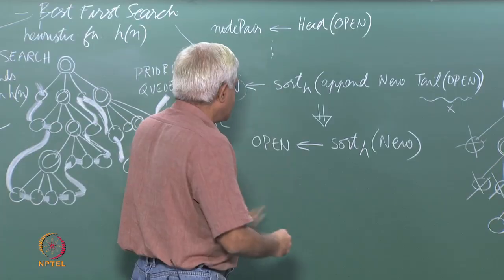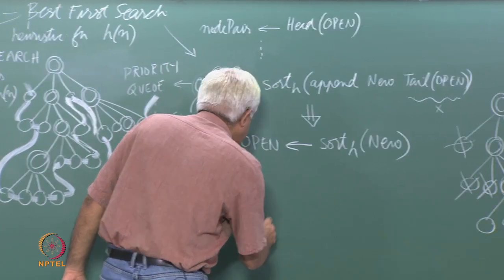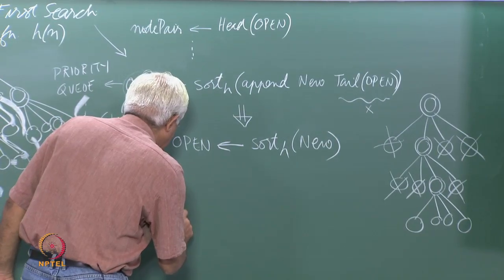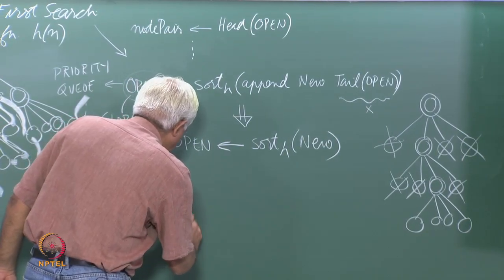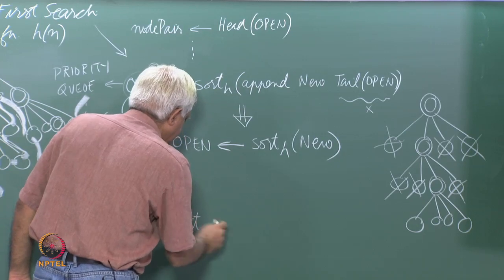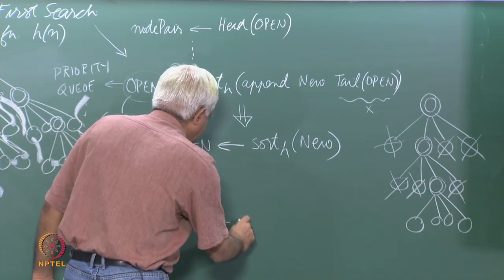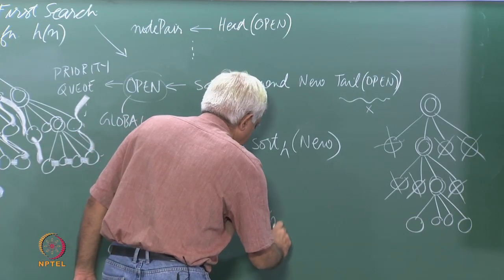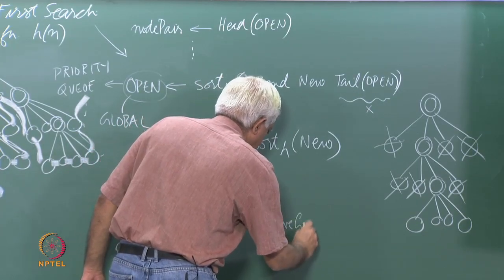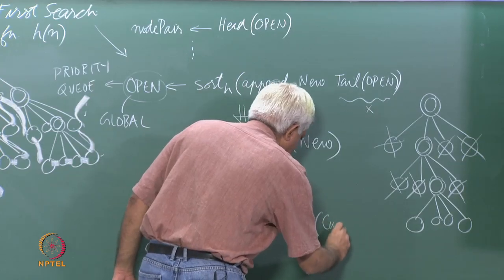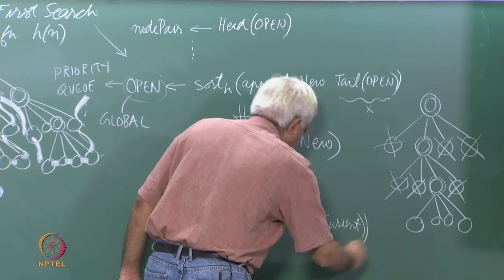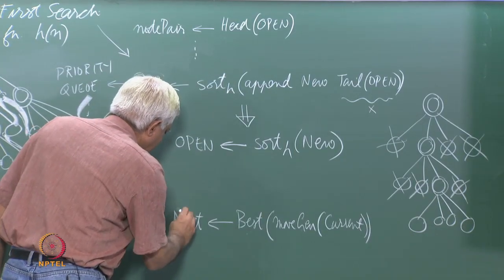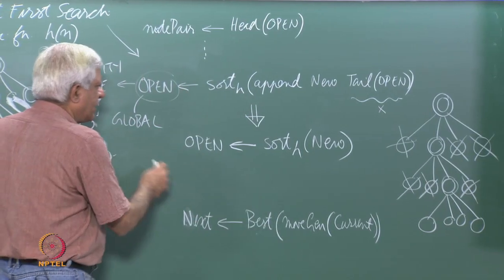We can simply modify the algorithm as follows, that next, and next is the name of a node, is simply the best of current. Okay.